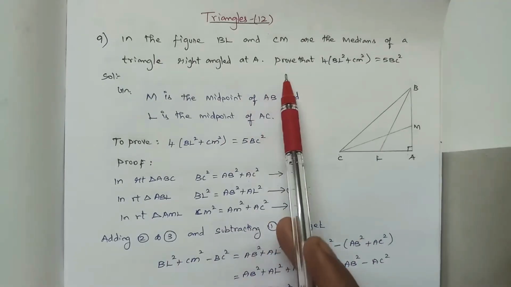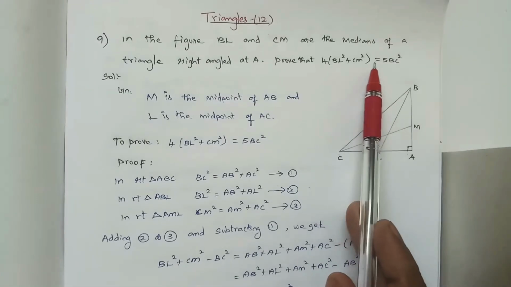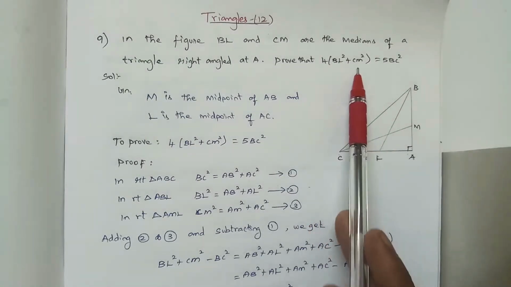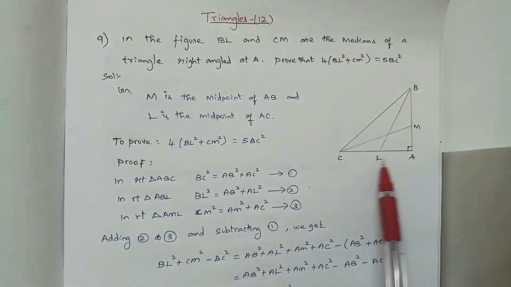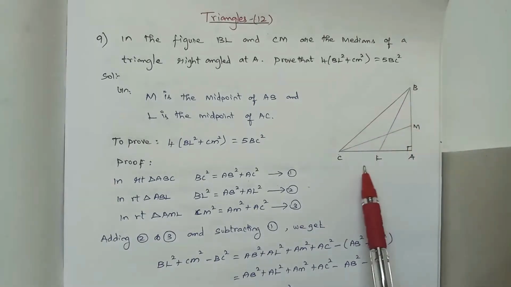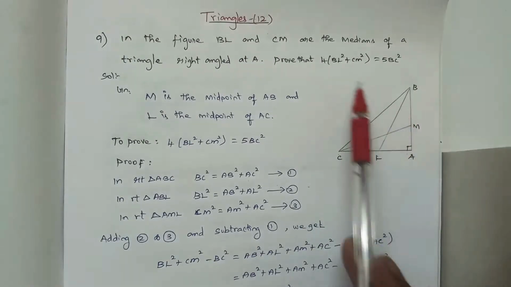So what do we want to prove? 4 times of BL square plus CM square is equal to 5 BC square. BL is in the right angle triangle ABL, so we need BL square; I am going to take the right angle triangle ABL. Next is CM.